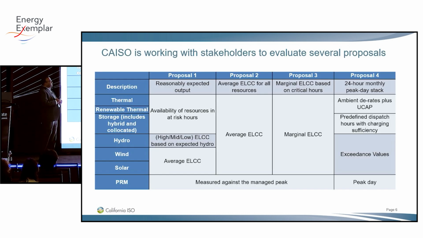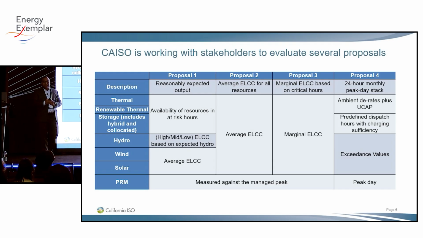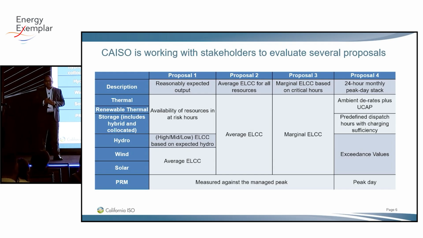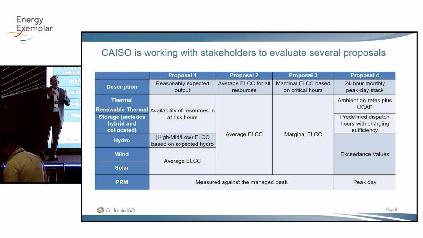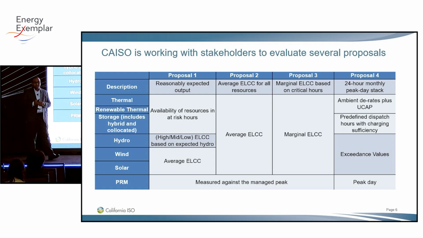After a lot of stakeholder discussions and hearing from experts, there were four different proposals of how you count these resources, categorized here. Proposal 1 is trying to account for these resources based on expected output.